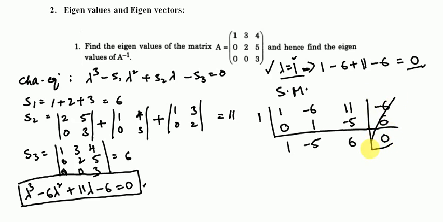Now we can cancel this term. And now we can write lambda squared minus 5 lambda plus 6 equals 0. This method is called the synthetic method. For this, we use the first root and the rest of the equation will be like this. I am splitting this into two terms.